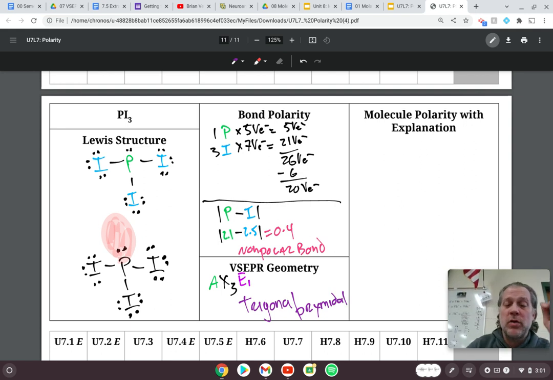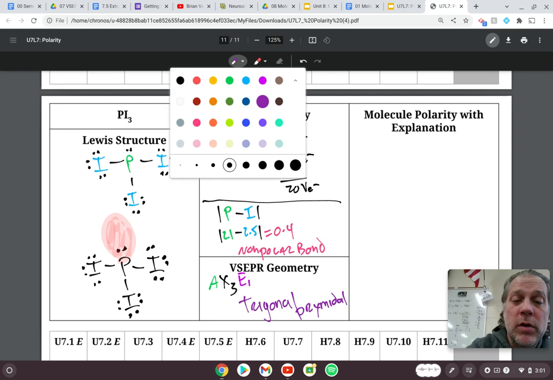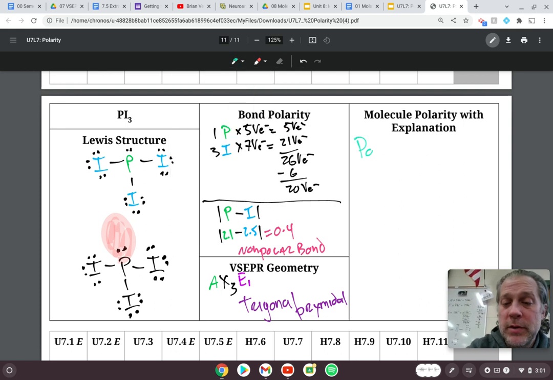And this molecule ends up being polar, though, even though it has nonpolar bonds.